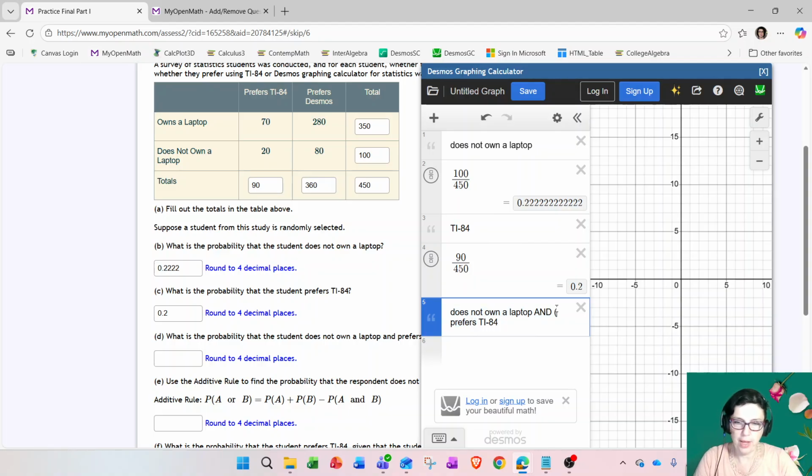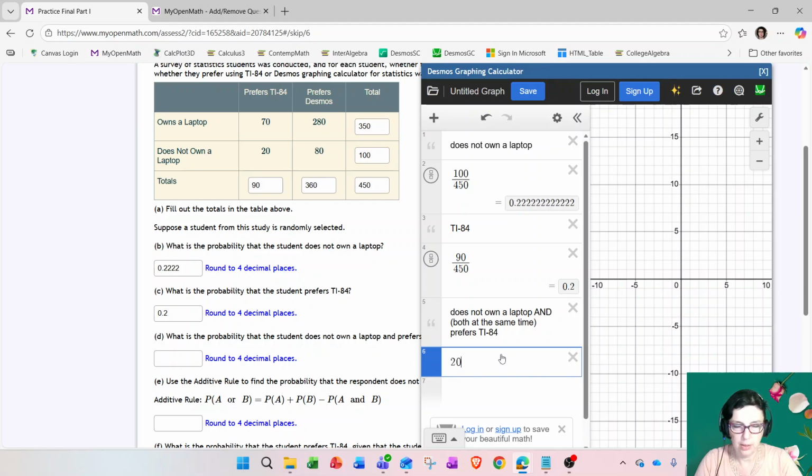So think of "and" and maybe even write on your note card, both at the same time. So you're looking for how many people do not own a laptop and at the same time prefer TI-84. So that would be 20 people over here, right? So that will be 20, which is the overlap, divided by the grand total.